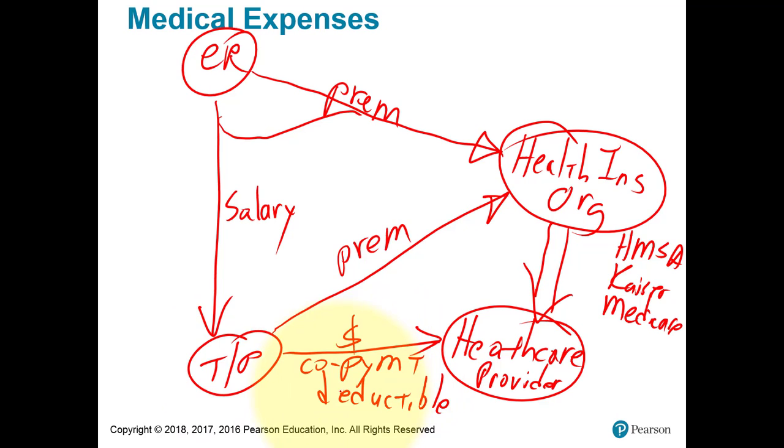So one way the government tries to provide taxpayer saving for this type of payment is to allow them to withhold from their paycheck something called a flexible spending account or medical savings account or health savings account.